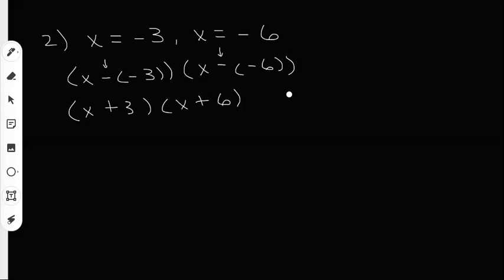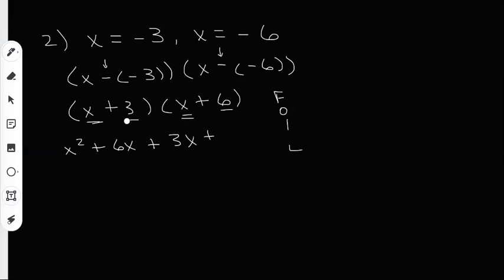And now we use the FOIL method to multiply these two factors together. X times x gives us x squared. X times 6 is going to give us 6x. The inner two terms are 3 and x. We get 3 times x.